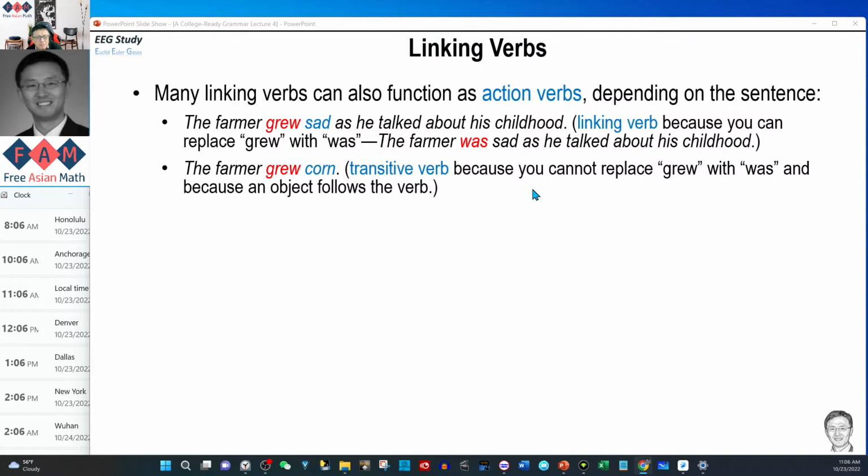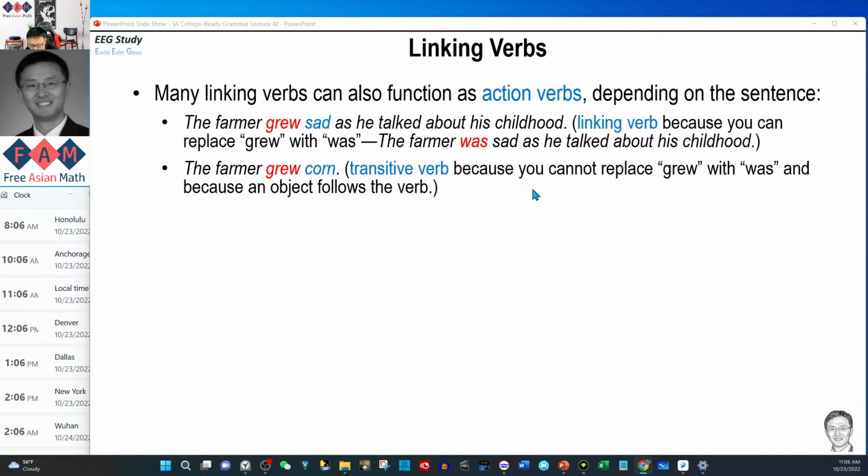The two are completely different things if we don't have this verb, which is a transitive verb, an action verb, to connect them. Once it's connected, the farmer becomes the agent or the performer of the action, while corn becomes the recipient of this action, or is being impacted by this action.